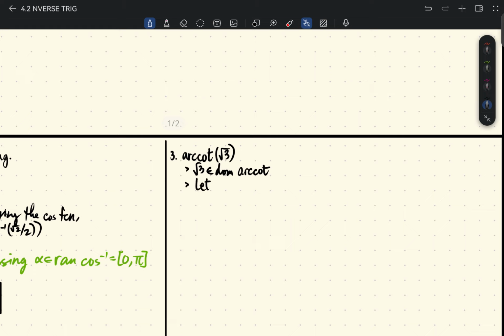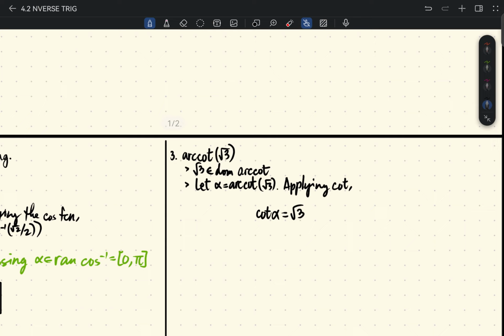You just let alpha be equal to arc cot of square root of 3. Then applying the cotangent function, you get here cotangent alpha equals cotangent of arc cot of square root of 3, that just gives you square root of 3.